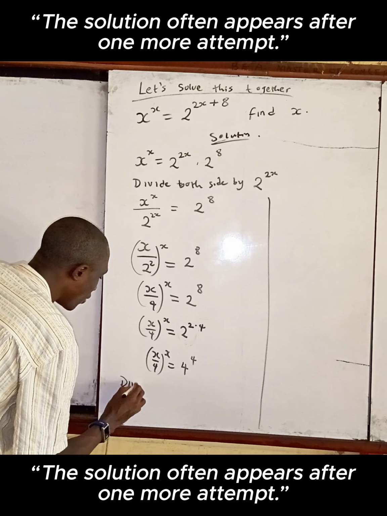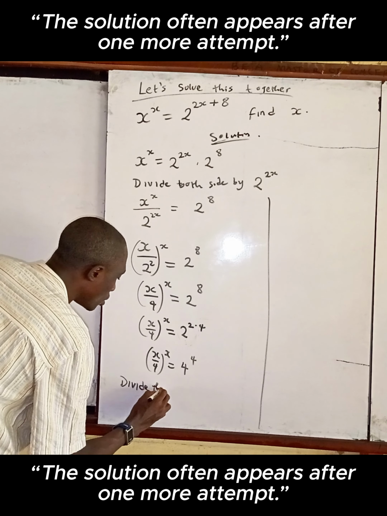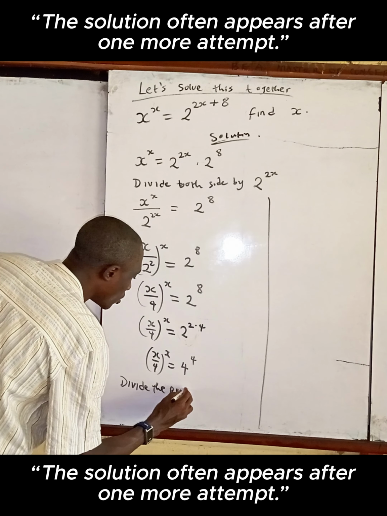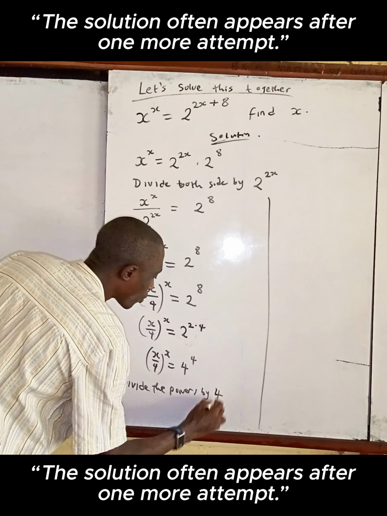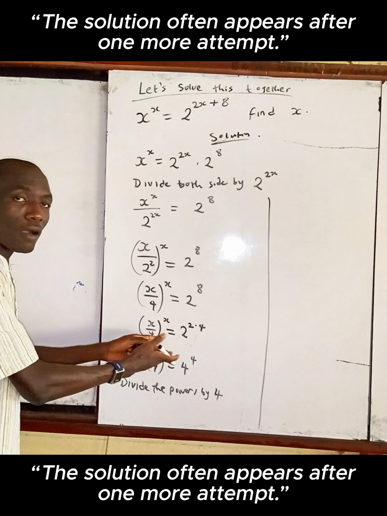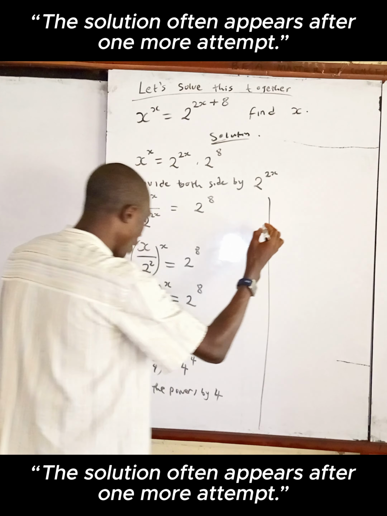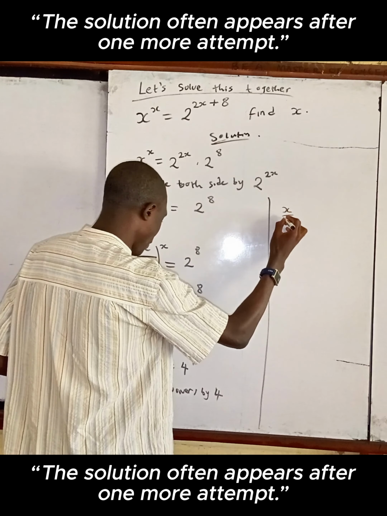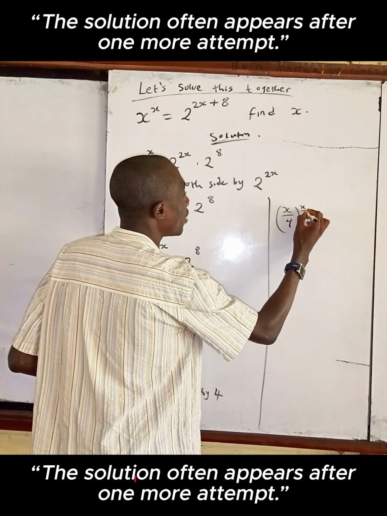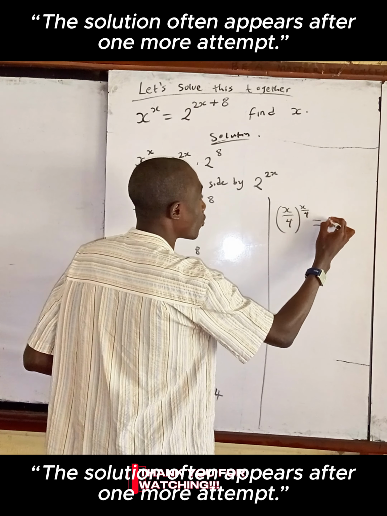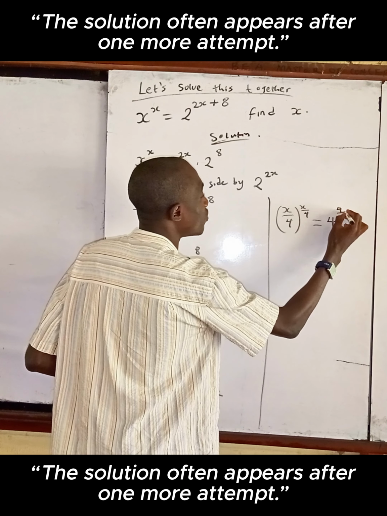The power, divide the powers by 4. That means I'm multiplying both powers by 1 over 4. So I'm going to have x divided by 4 raised to power x divided by 4 is equal to 4 raised to power 4 divided by 4.